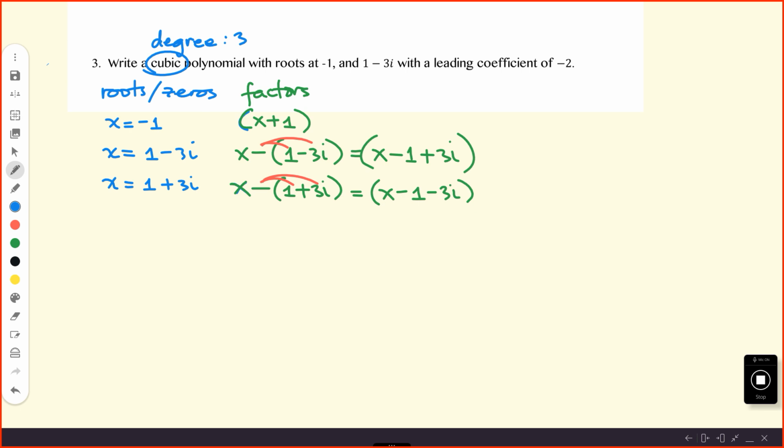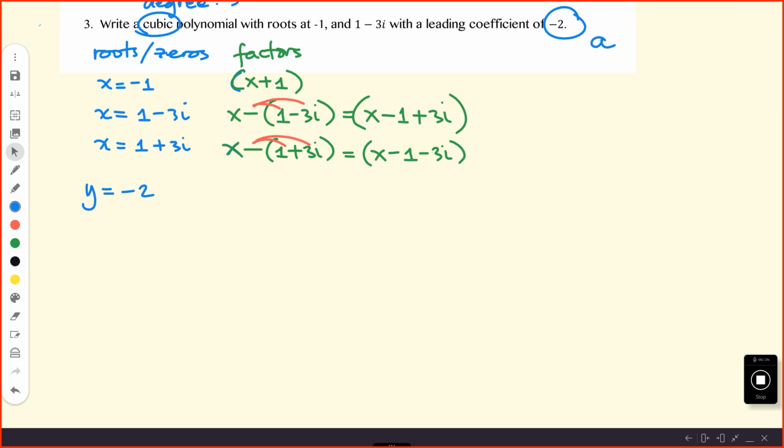Okay. Now, so we just have to write this in intercept form. So y equals -2. -2 is your leading coefficient. That's your a. And then just write all the factors.